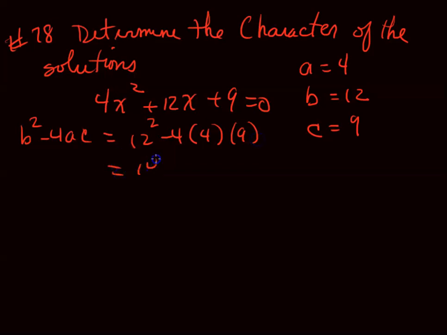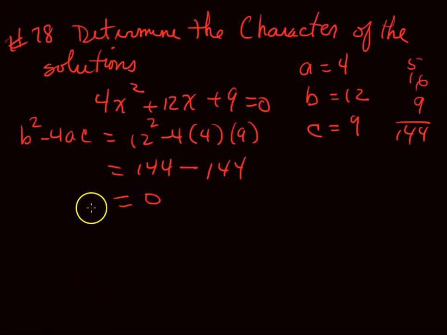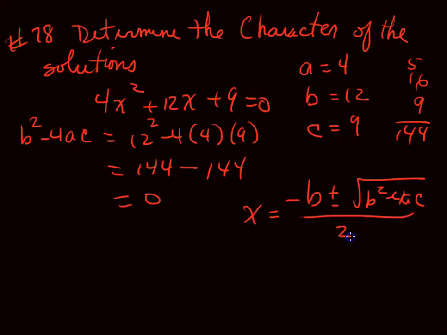So you get 144 minus, what's 16 times 9? 9 times 6 is 54, 9 and 5 is 14. Ooh. The discriminant is 0. So, if b squared minus 4ac is 0, remember, and this is the way I remember it, it is just that square root there, b squared minus 4ac over 2a.